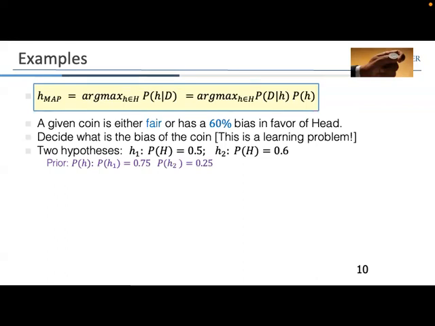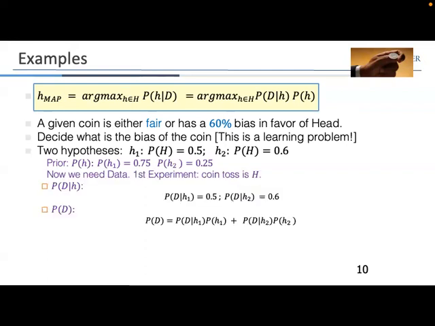So we have the prior: P(H1), the probability of the first hypothesis, is 75%, and the probability of the second hypothesis being true is just 0.25.